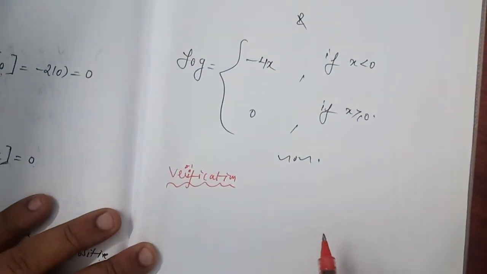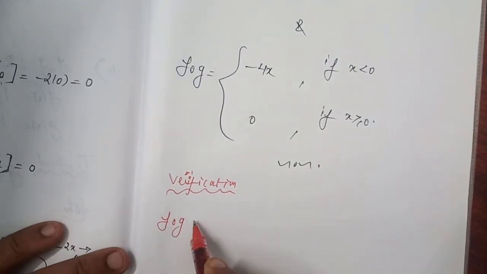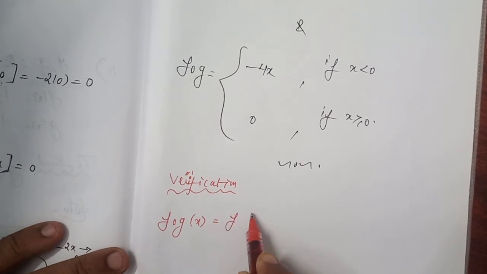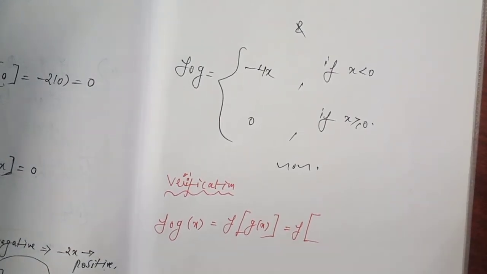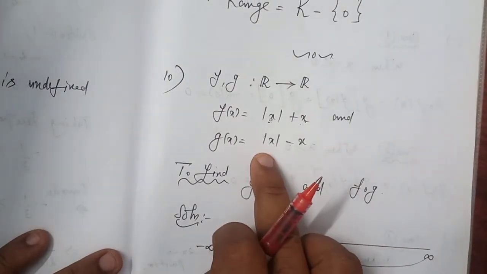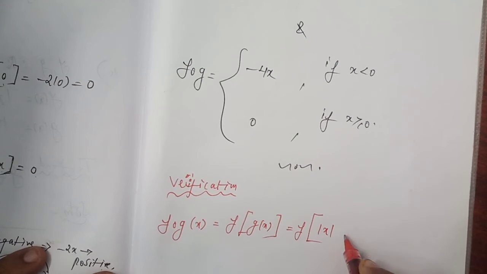I am going to find f dot g of x, that is equal to f of g of x. G of x is equal to mod x minus x.